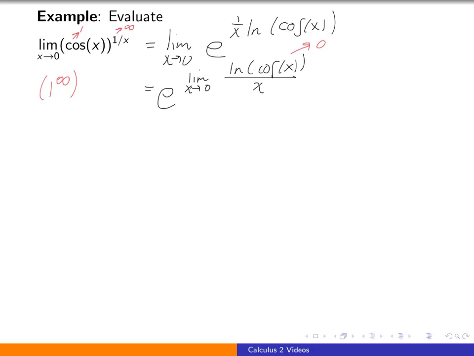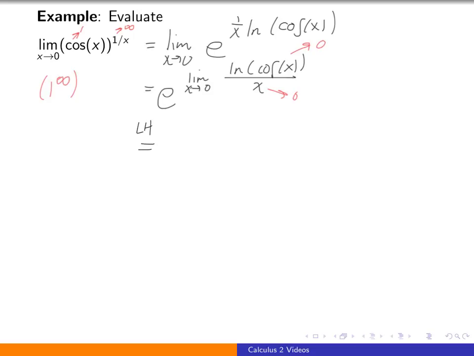So ln of cosine x is going to 0, x is going to 0. So once we've recognized that we have this new indeterminate form, we rewrite using properties of exponentials and natural logs, and immediately we end up in a good position, one where we can apply L'Hopital's rule.